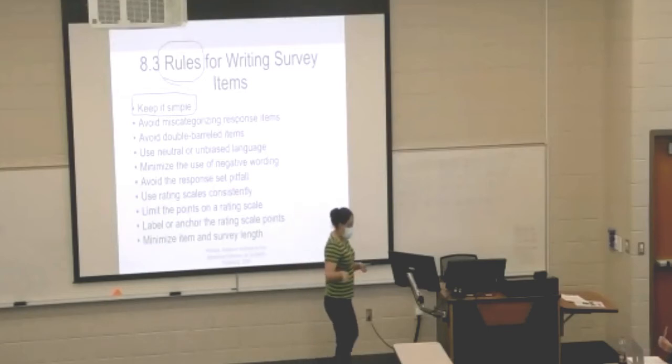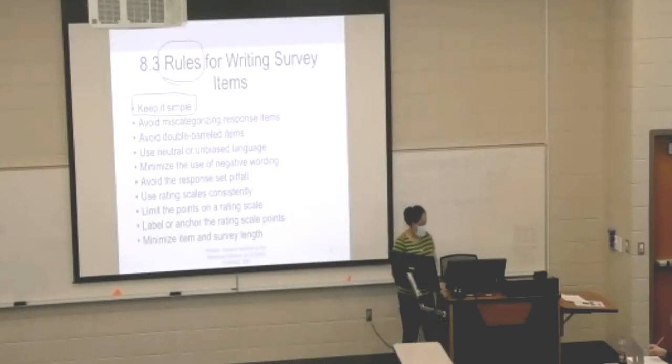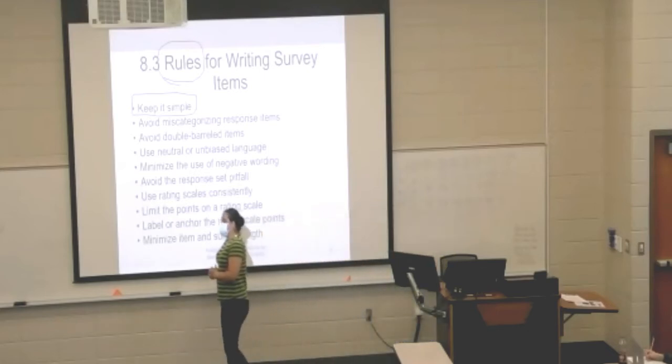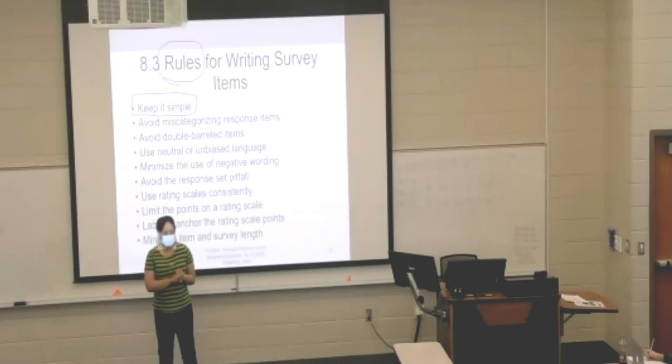There's many reasons for that. But first of all, not everybody has the same level of education. So that's one of the main reasons. And also, I need you to think about the level of distress that this person is experiencing when answering a survey, when answering an interview.